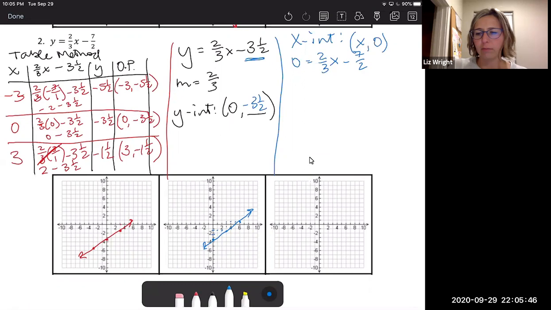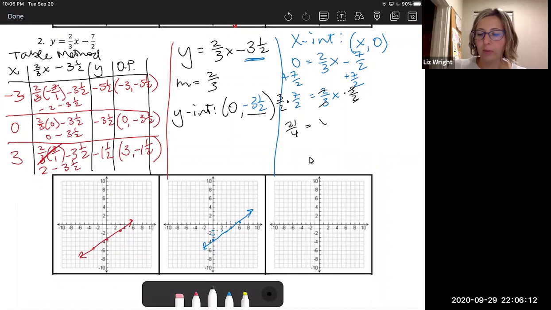I'll just show you. So we're going to have 7 halves, and that's going to equal 2/3 x. And then I'm going to multiply this side by 3 halves, and this is why I want it as an improper fraction, because it's going to make my multiplication easier here. So these are going to cancel out.